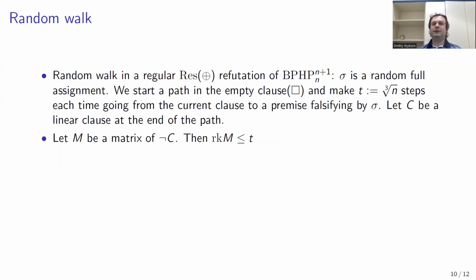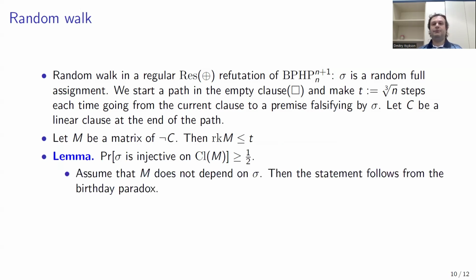We claim that sigma is injective on the closure of M with probability at least 1/2. Notice also that sigma satisfies the negation of C. So this lemma is precisely what we need to finish the proof. Assume for simplicity that M does not depend on sigma.